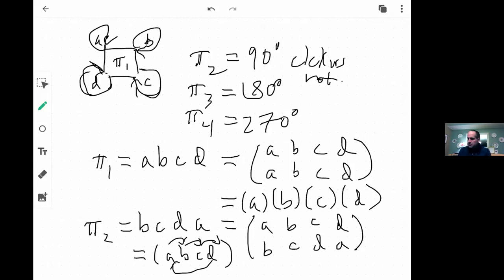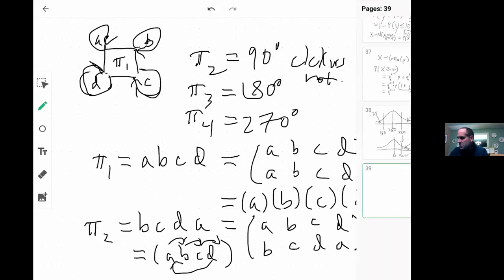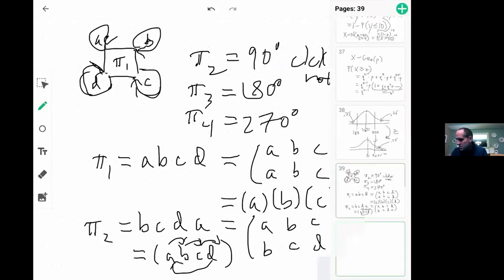And I at least want to do pi 3. So pi 3 is a 180-degree rotation. That means that A is going to go to C, B is going to go to D. Where does C go?